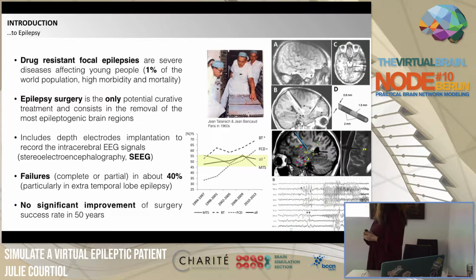The pre-surgery evaluations consist of EEG, there's also MEG or fMRI. What we are doing in Marseille is the SEEG, stereotactic electroencephalography, where we have this type of needles that are inserted inside the brain.